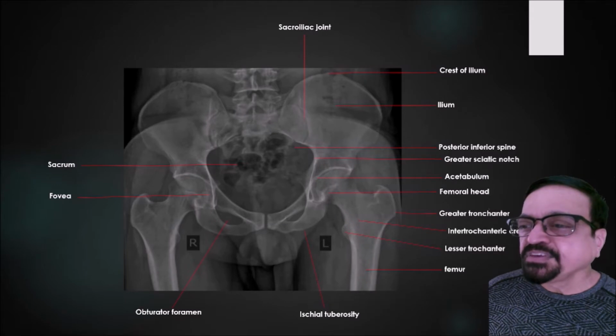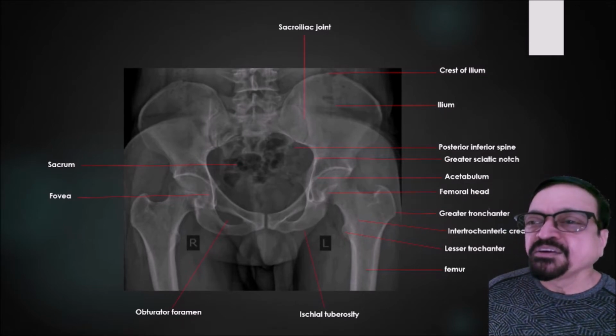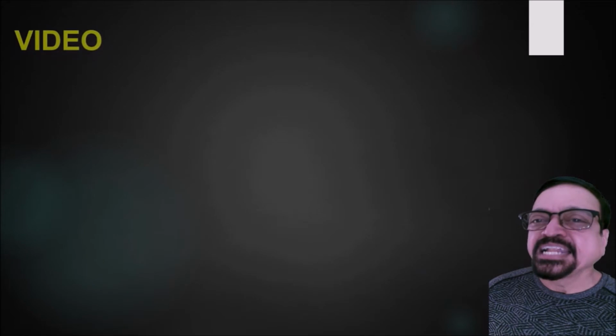Then we are seeing the femoral head, greater trochanter, intertrochanteric crest, then lesser trochanter, femur, ischial tuberosity, obturator foramina. Then there is the sacrum, which is radiographically important. Sacrum, sacrococcygeal joint and the coccyx also need to be seen in this projection, and they are important.